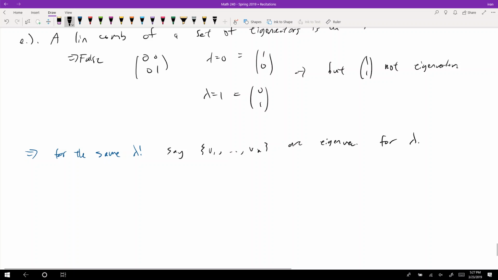Then what is A times (C1 V1 plus C2 V2 plus Cn Vn)? Because now we're taking a linear combination of all of our eigenvectors.